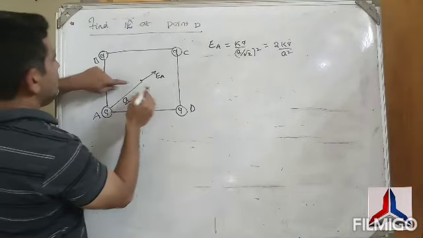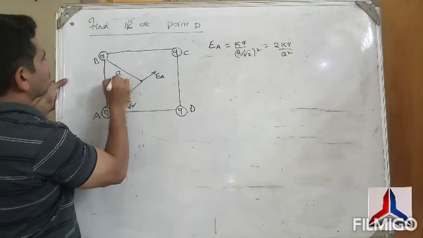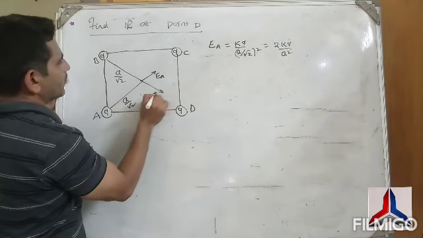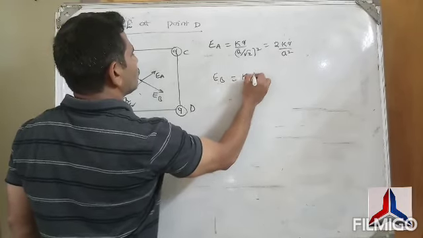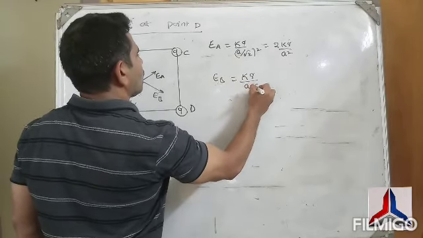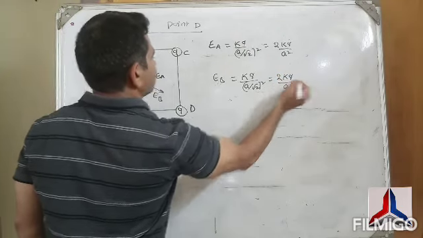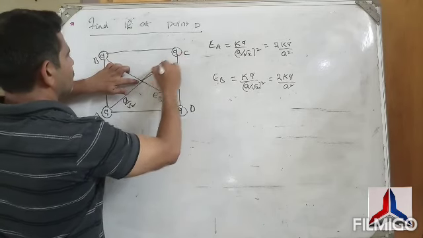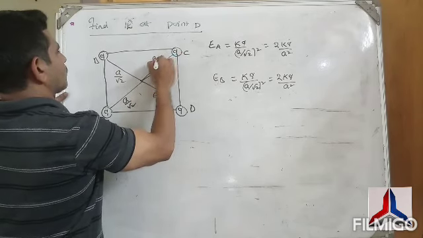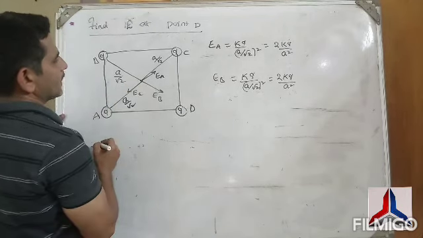Understand? So this charge is at A by root 2 distance. Therefore this you can take as EB. That EB value is also KQ by (A by root 2) whole square, therefore 2KQ by A square. Similarly, this charge is at A by root 2 distance, therefore it creates electric field intensity in this direction.